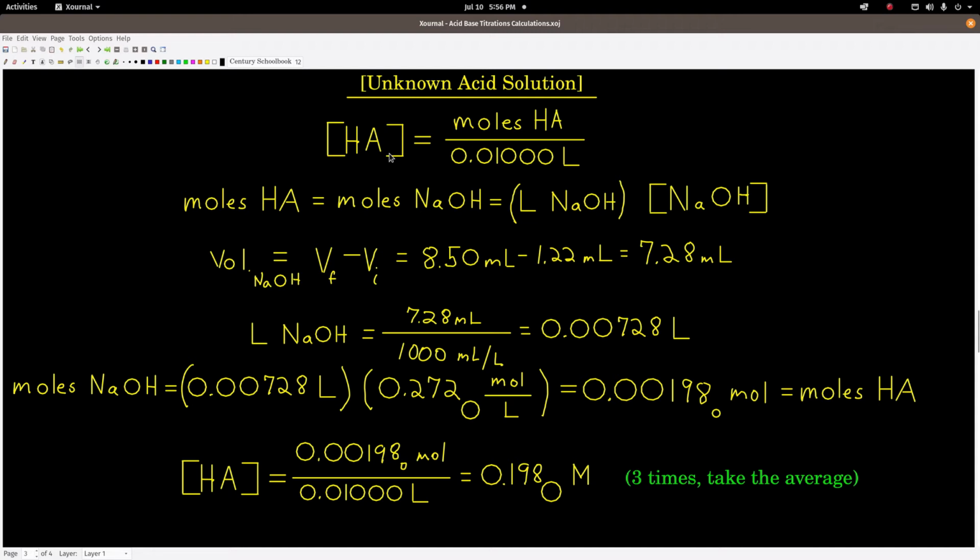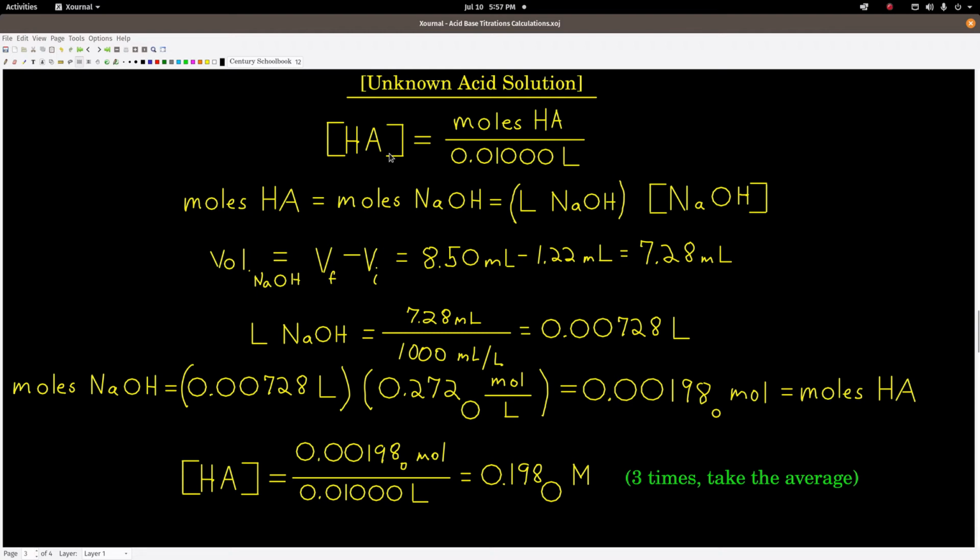Liters of solution is easy because for this part, we used a volumetric pipette to measure out 10.00 milliliters of the unknown each time. And so for every trial, the volume of solution is 0.01000 liters. Also, because the unknown is a monoprotic acid, at the endpoint, the moles of acid is equal to the moles of sodium hydroxide.